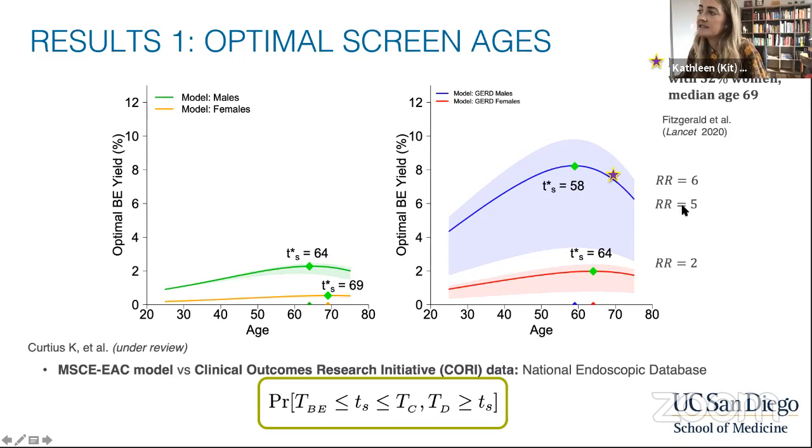And the nice thing is, if you consider that heterogeneous population of GERD patients, who can range widely since birth in having relative risk 2 to 6, even if you looked at them separately, this maximization is going to stay unchanged for GERD patients. So even though there's a heterogeneous population of GERD, the optimal age that you suggest does not change, as the model predicts.